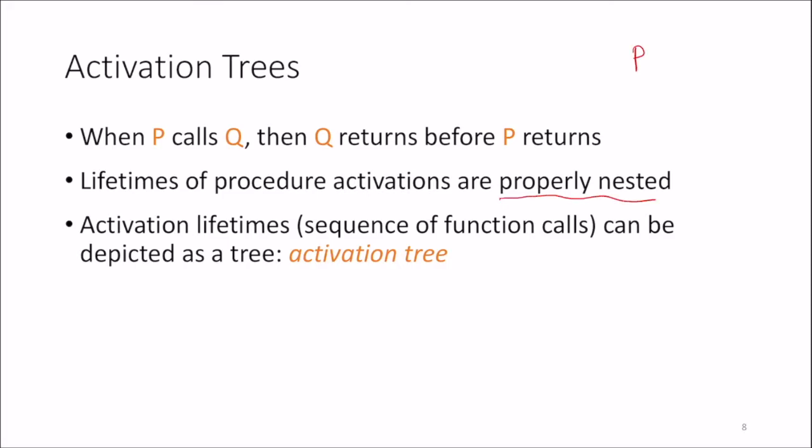If P is calling Q, Q executes a bunch of instructions and then returns control back to P. You can see that this execution of Q is nested inside the execution of P. So the activation lifetimes of the sequence of calls can be depicted as a tree, an activation tree.